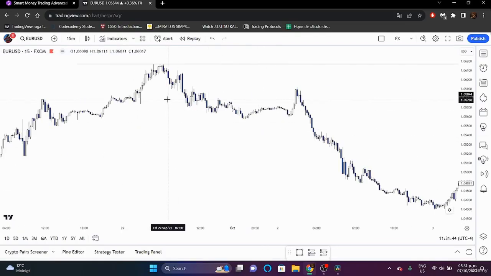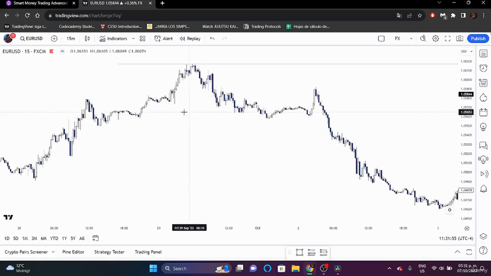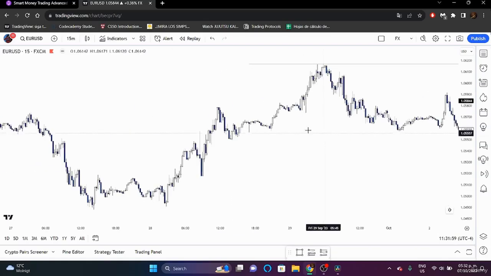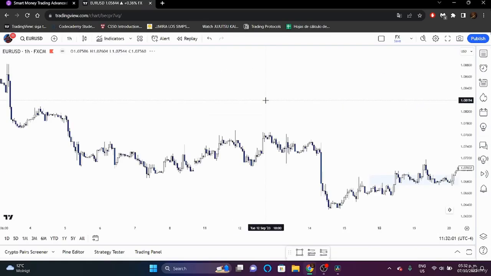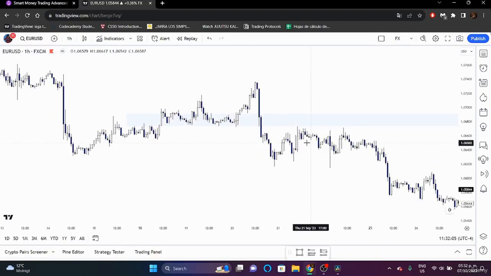What about this one? Where's the last down candle before the move up? Well, this one. This will be your breaker block once we trade through it. It goes down. But let's go to a better time frame, the 1 hour, so we don't confuse you.